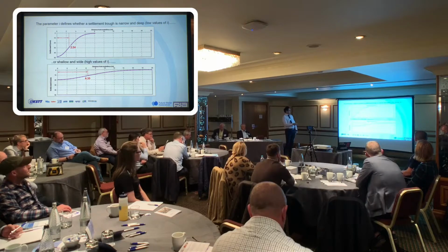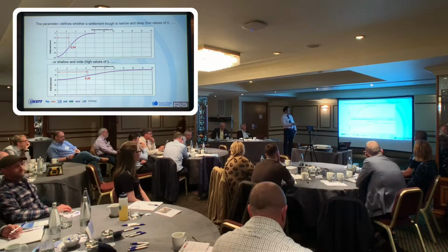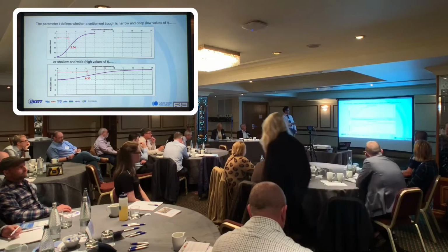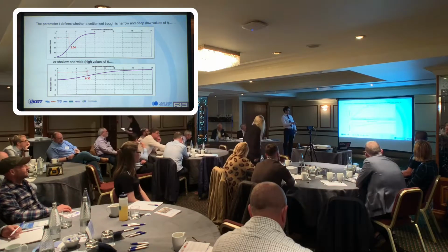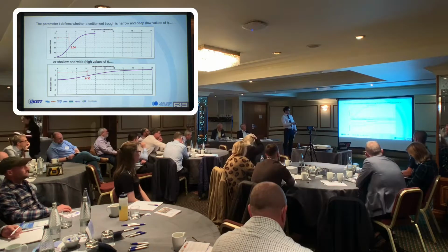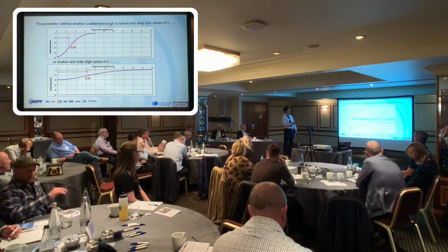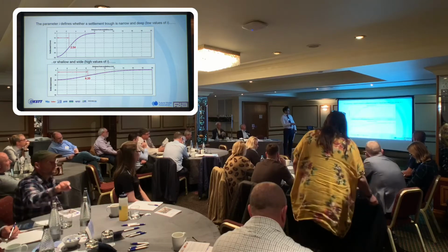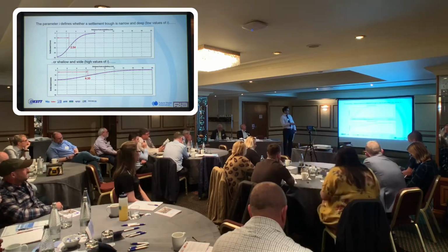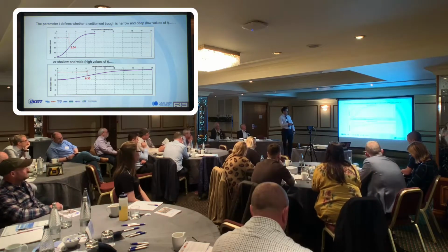The i value basically is the inflection point where you get a convex to a concave, or concave to convex curve. You'll see in a granular situation, which is the top one, the i value is shorter, so this results in a very sharp trough, and with a greater i value for cohesive material, you get a very wide trough.